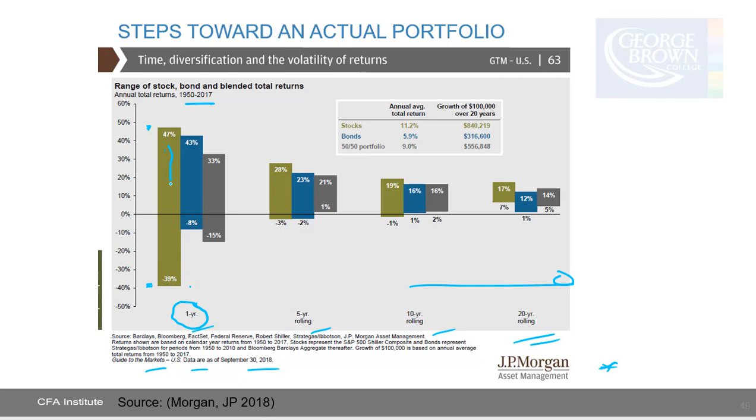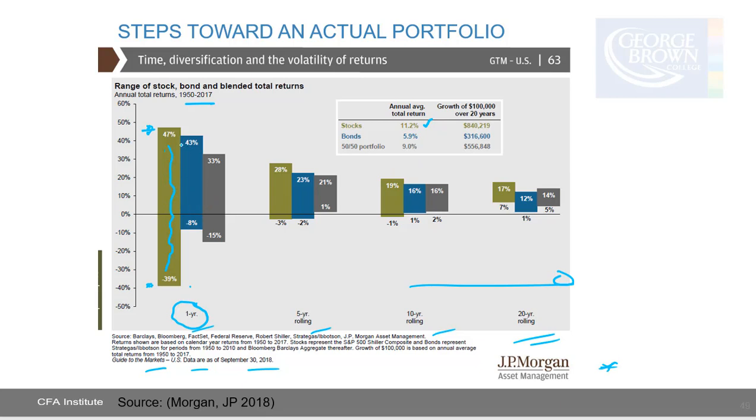So you can see the variance, and therefore the standard deviation, or the dispersion of returns for stocks, is quite big. You can have the best year was 47% return, and the worst year was 39% loss. Okay, so you can see the average total return was 11.2%, but that's with a lot more variability.